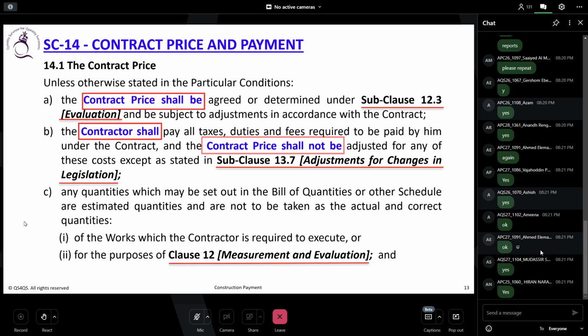No, you just mark it in 14.1 C next to 1, 2. You just mark check 4.11. Okay, risk on the contractor. You just mark it, so in the future, if you study, you will understand what the problem is here.